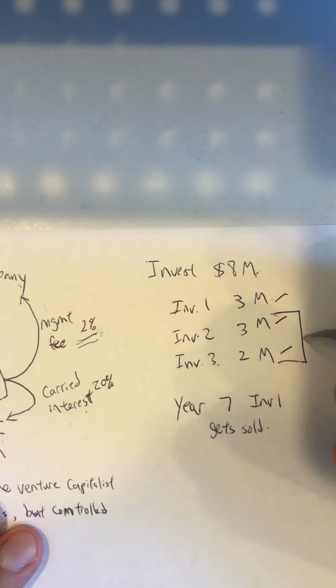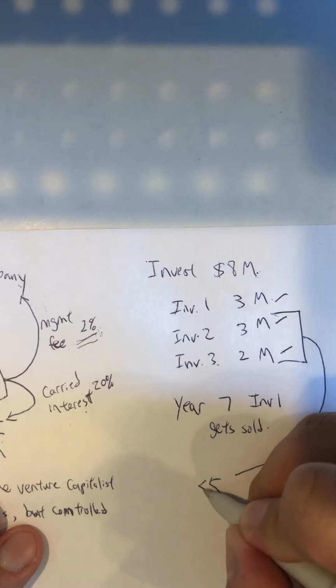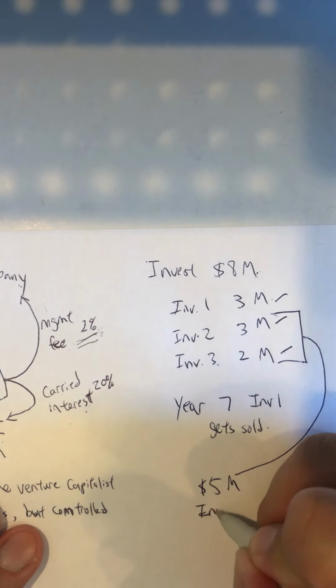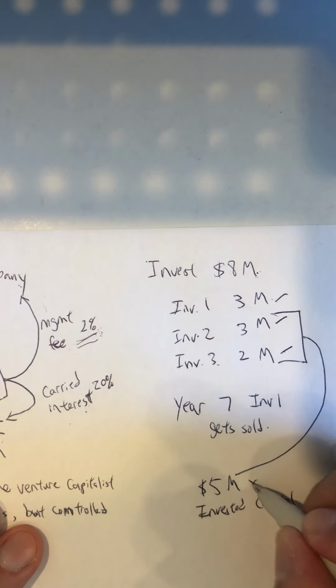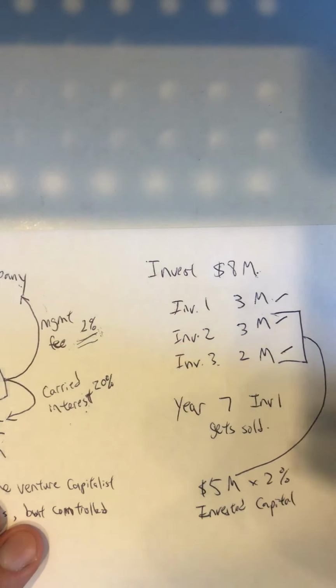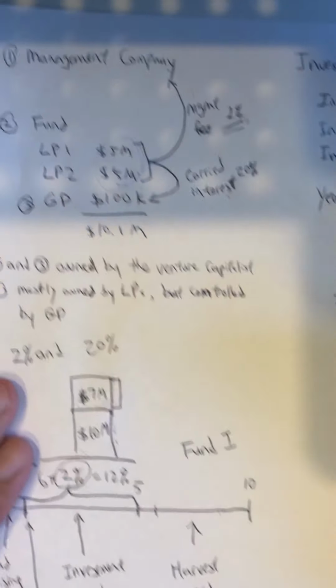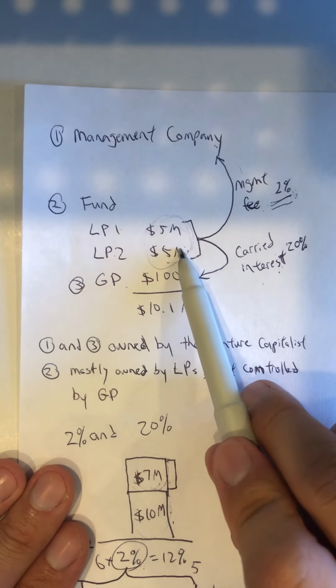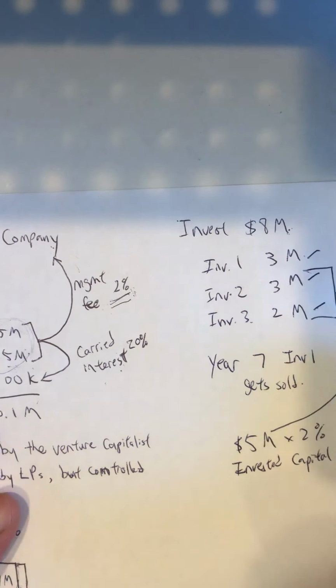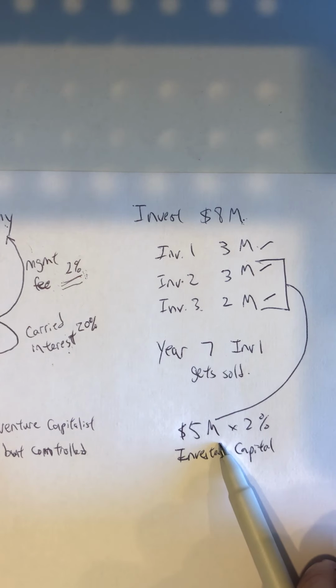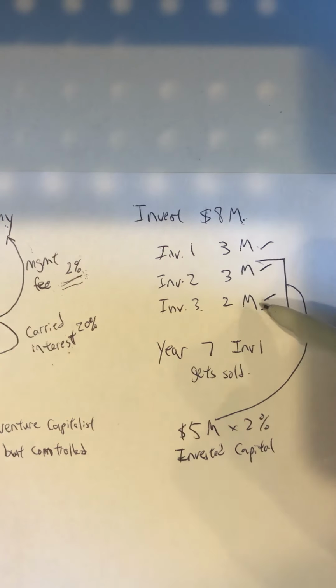It's only these two, so now you have $5 million of invested capital. You multiply that by 2%. So that's another step down. Originally we stepped down from 2% of 10 million to 2% of 8 million, and then to 2% of 5 million. So that's the second way of stepping down. And then eventually it will get down to 0 when all these get sold.